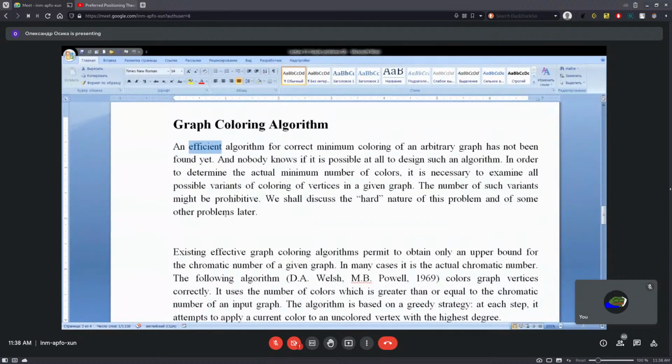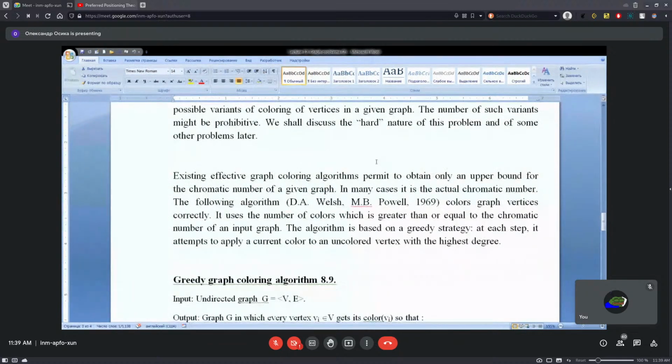The traveling salesman problem is similar to the graph coloring problem at the same time. Now, we come back to our algorithm. Existing effective graph coloring algorithms permit to obtain only an upper bound for the chromatic number of a given graph.